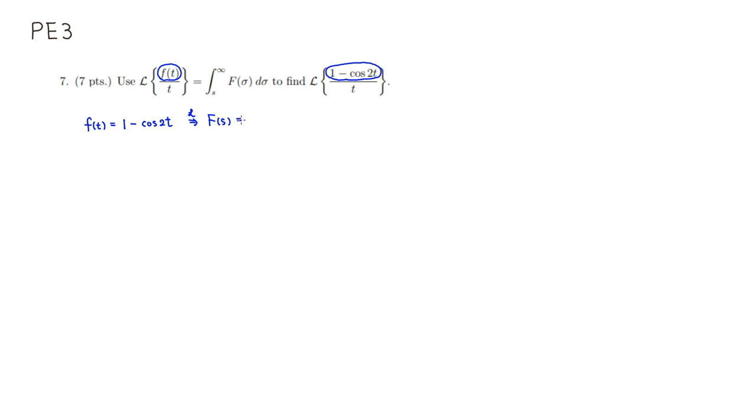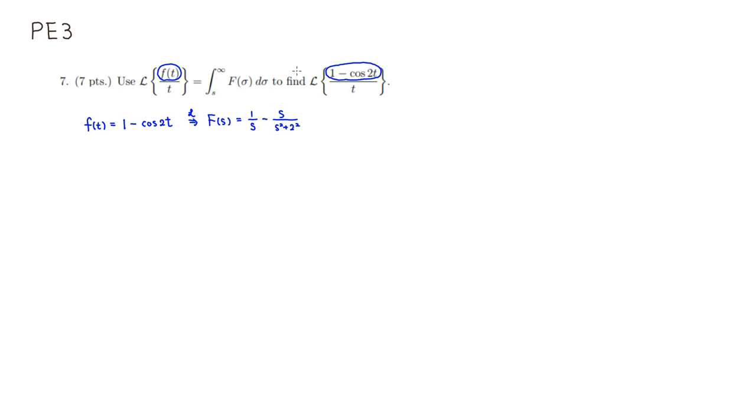The Laplace transform of 1 is 1 over s, minus the Laplace transform of cosine of 2t, which is s over s squared plus 2 squared, since k is 2.